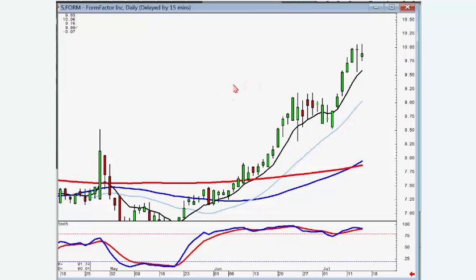The gravestone doji at the top is just like the ultimate shooting star. Again, it uses the same criteria for either, whether you want to call it a shooting star or a doji. If it opens lower the next day, you take profits.